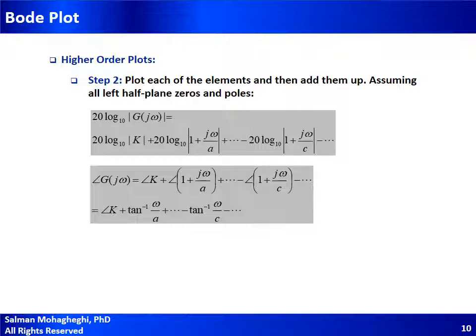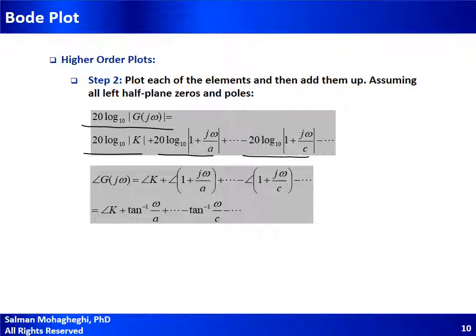So my overall magnitude, 20 log of G of j omega, is going to be the magnitude of the first term, 20 log of K, plus the magnitude of the first zero, 20 log of 1 plus j omega over a, the second zero, which would be 1 plus j omega over b, minus the magnitude of the first pole, 20 log of 1 plus j omega over c, and the second pole, and so on.